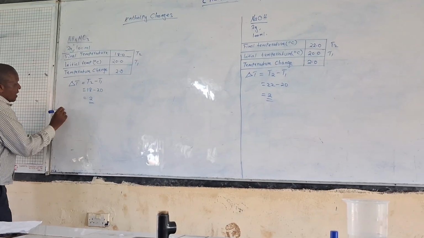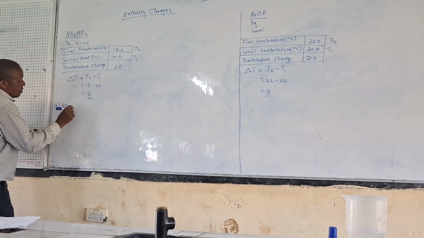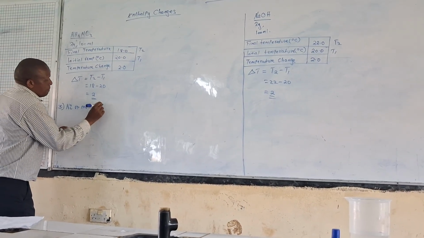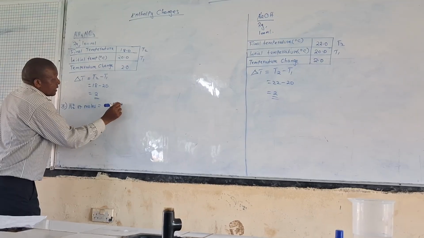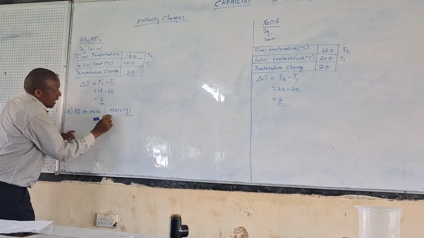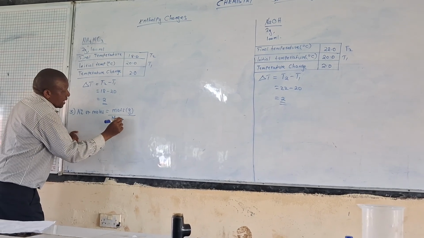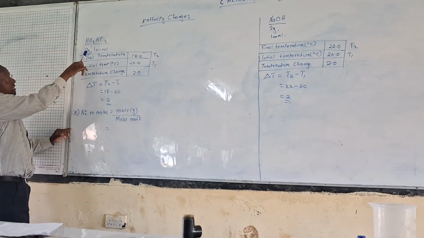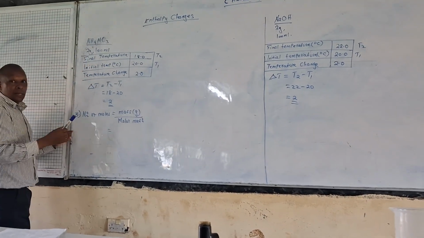So you say here, number of moles is equal to mass, and that mass should be in grams, divided by molar mass. What is our mass? It is this mass here, 2 grams of ammonium nitrate.